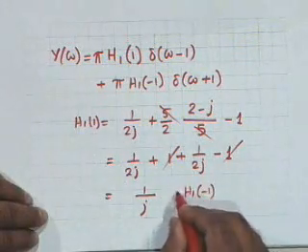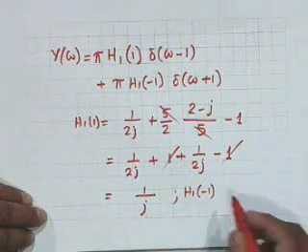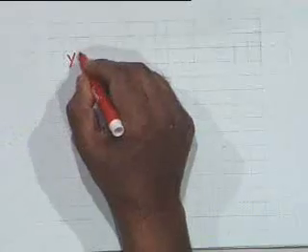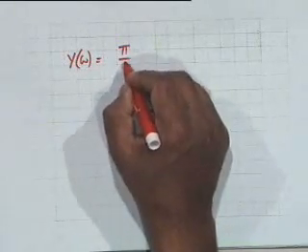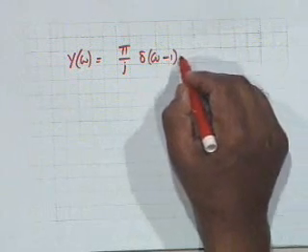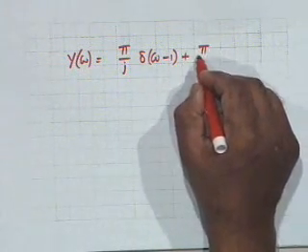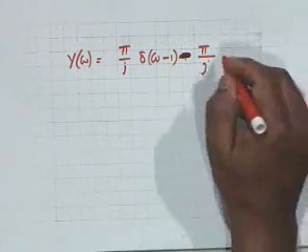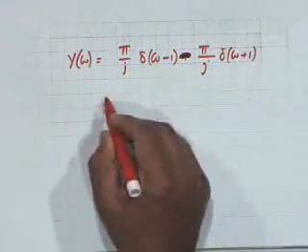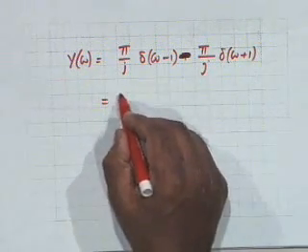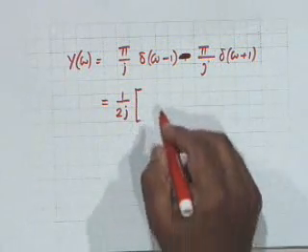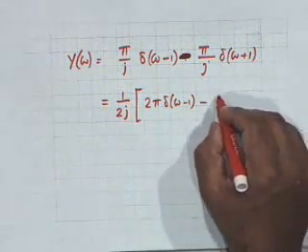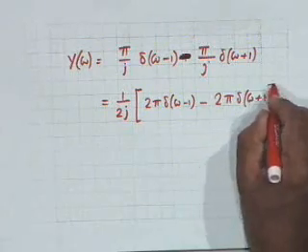What would be h1 of minus 1 then? It must be the complex conjugate, so it should be minus 1 over j, and therefore my total problem becomes Y of omega equal to pi by j delta of omega minus 1 plus pi by, well, this will be minus pi by j delta omega plus 1, and you can see that this can be written as 1 by 2j times 2 pi delta omega minus 1 minus 2 pi delta omega plus 1.